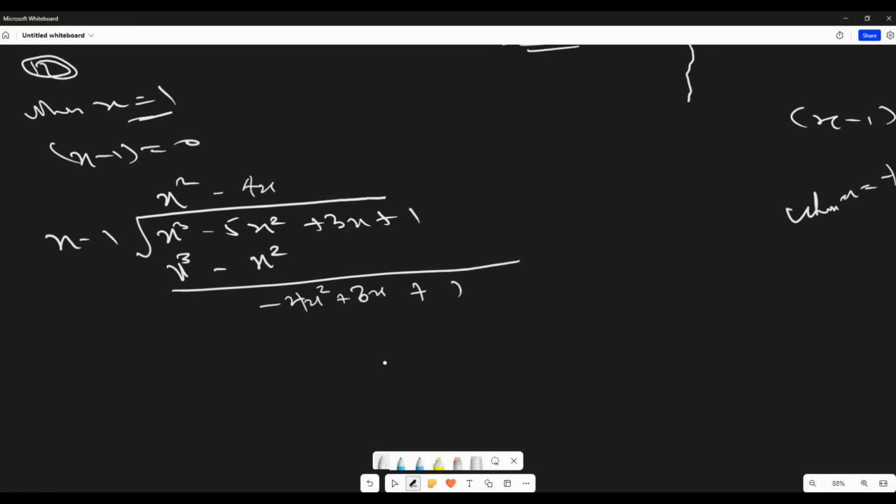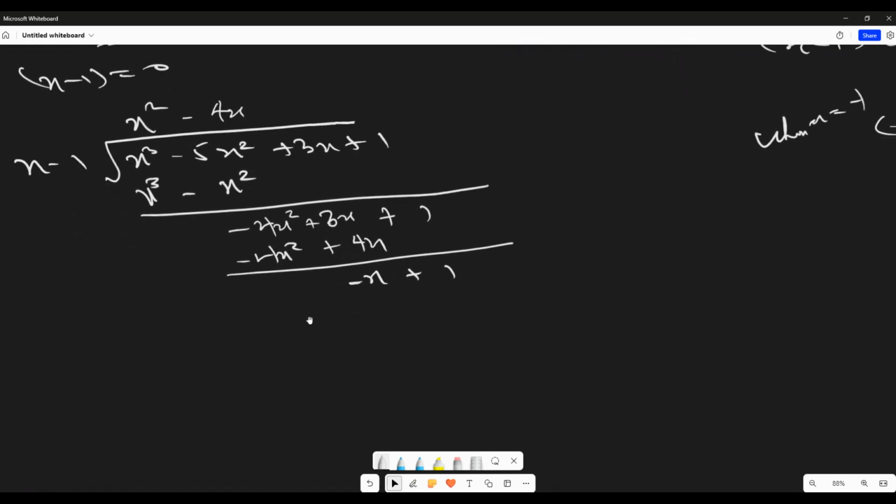This goes here. This time this will give us minus 4x squared. But this time this will give us plus 4x. Then perform another subtraction. This will give us 1. This and this will give us negative x. And this 1 will drop. Let's go into minus x negative 1 times.